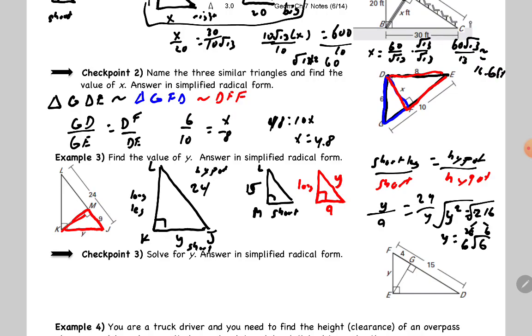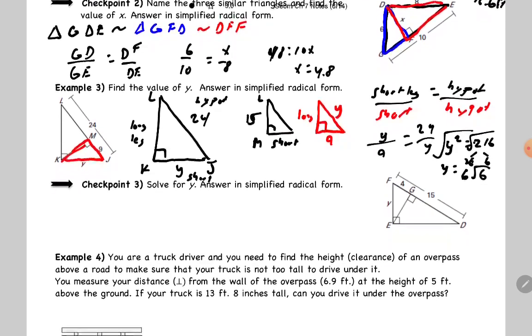Alright, checkpoint 3. So let's create 3 different triangles. So let's make the original black here. We have a short leg, long leg, hypotenuse. Short leg is y. We don't know the long. And then the hypotenuse is 15.